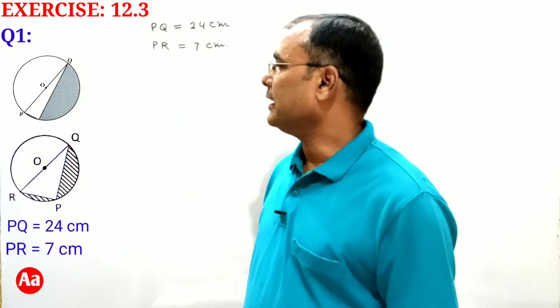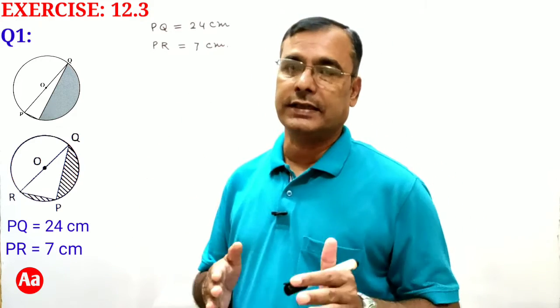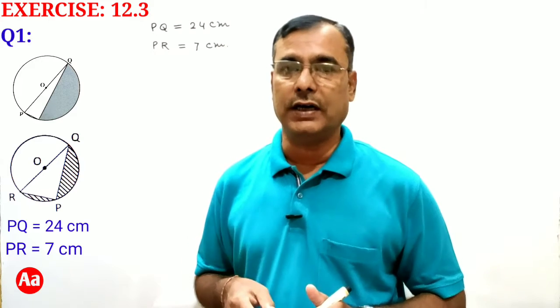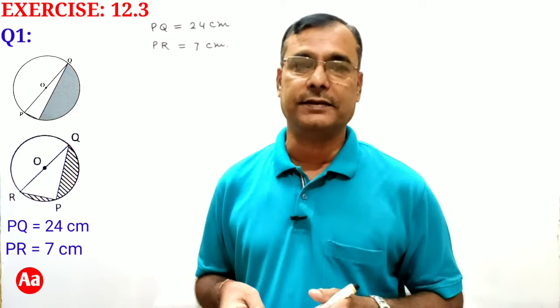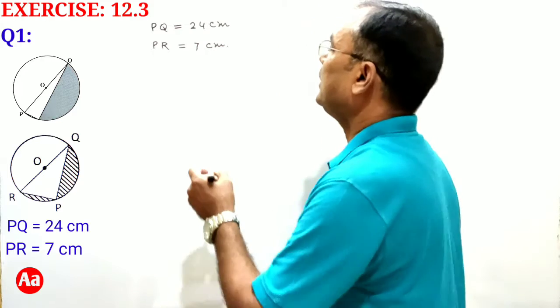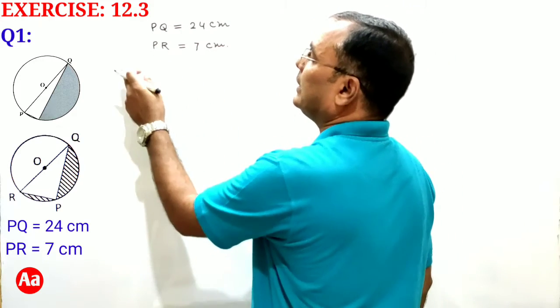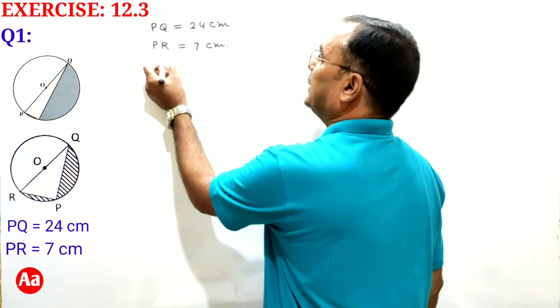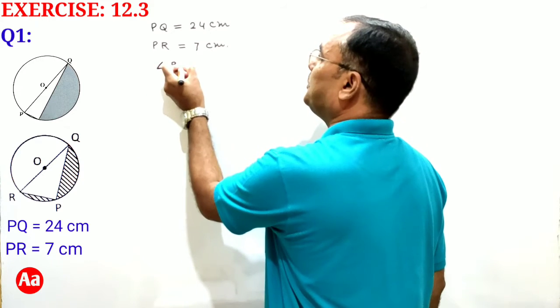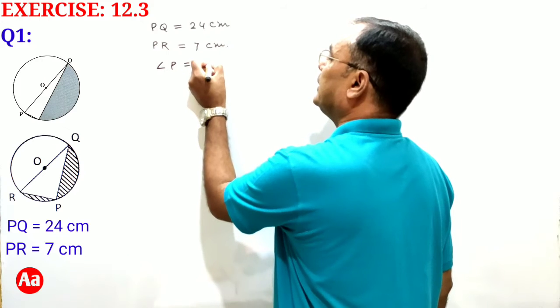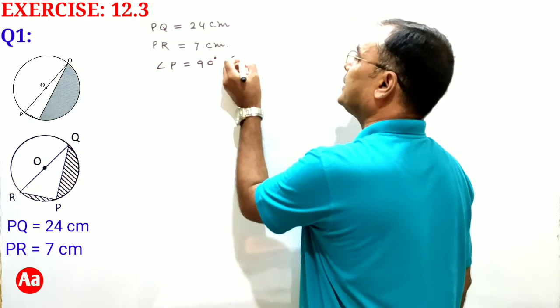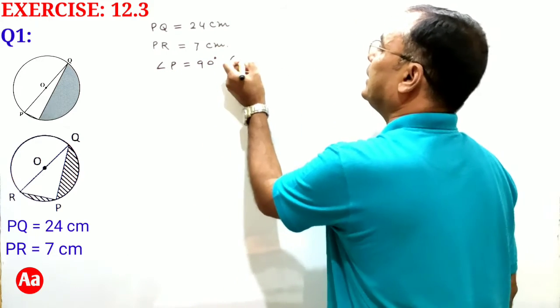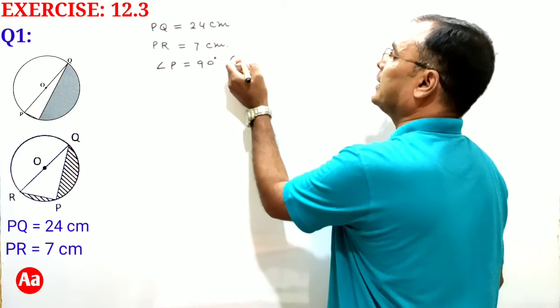QR is diameter of the circle, so first let's calculate diameter QR, which will give us radius of the circle. Triangle QPR is right angle at P, so we can write angle P equal to 90 degrees, as triangle in a semicircle is a right triangle.